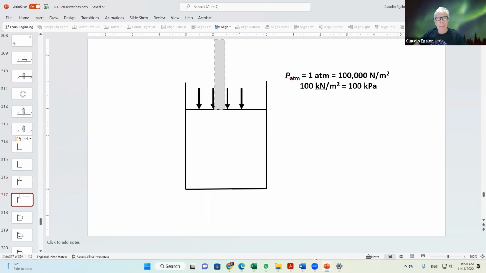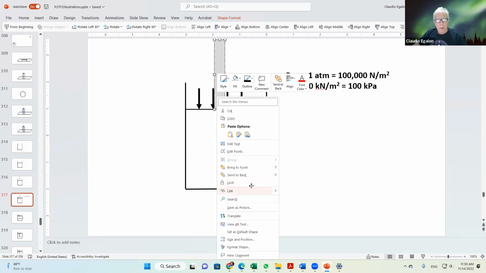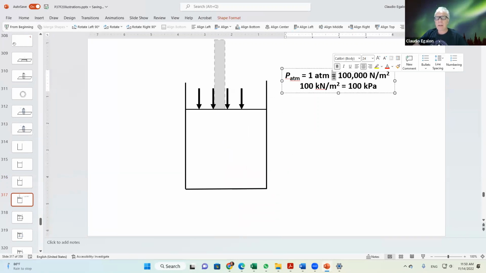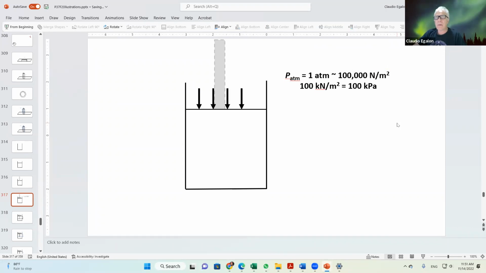I am representing this pressure as those black arrows. Approximately 100,000 newtons per square meter, 100 kilonewtons per square meter, 100 kilopascal.